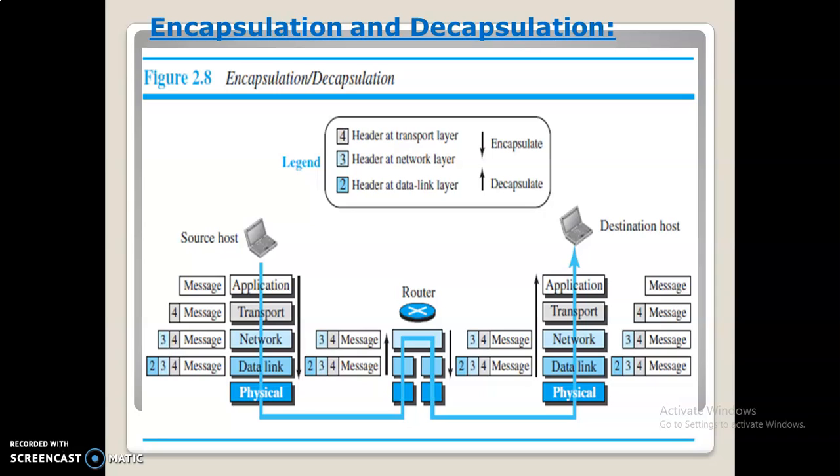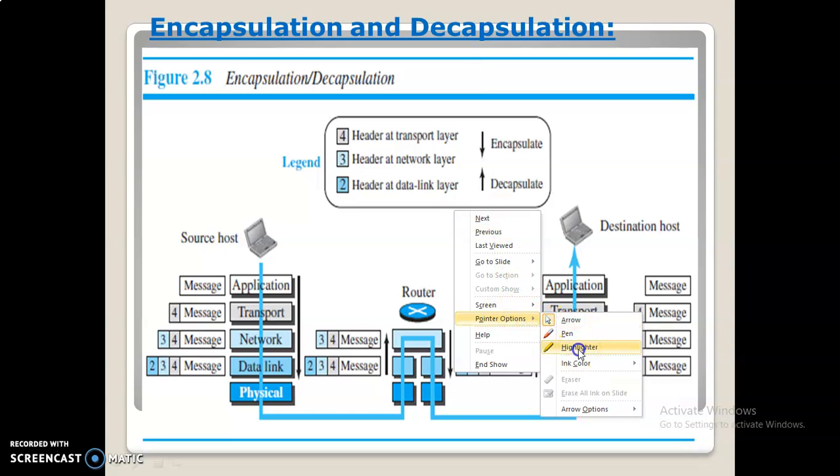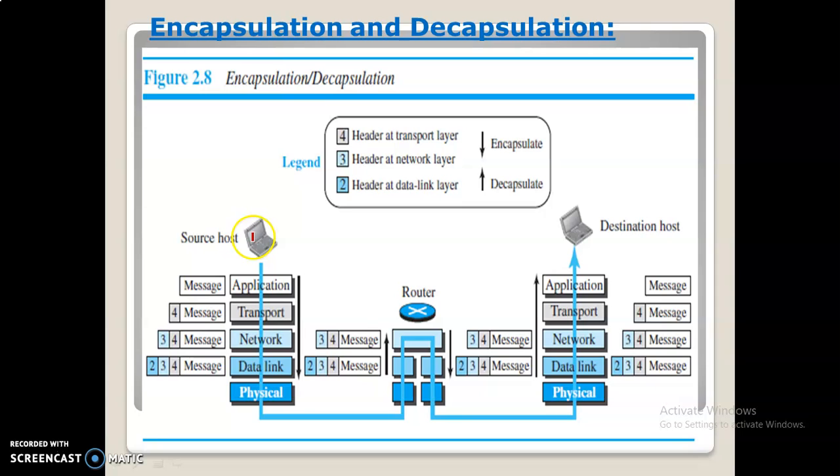In the TCP/IP Protocol Suite, we will shortly discuss encapsulation and decapsulation. Encapsulation: in the application layer, the source host wants to send a message to the destination host. In the application layer, the data is a message. Then it reaches the transport layer.